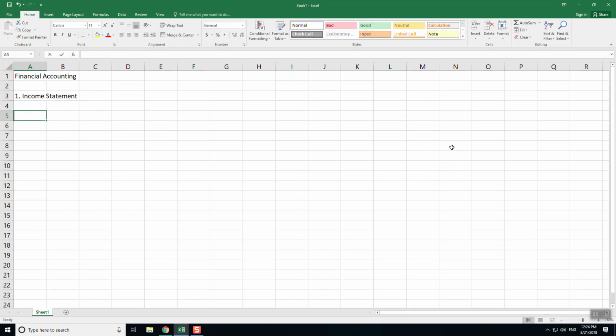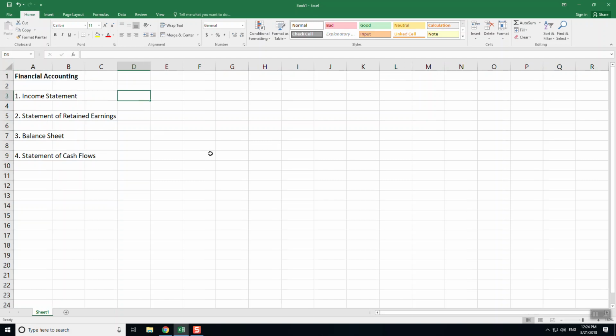You're going to have what they call the statement of retained earnings. Okay, and you got the balance sheet, and then you got what we call a statement of cash flows. Okay, so those are the 4, and they're done in that order.